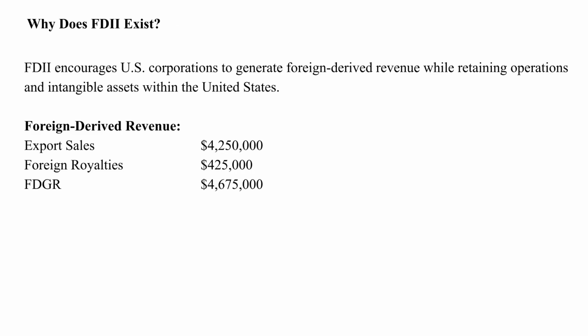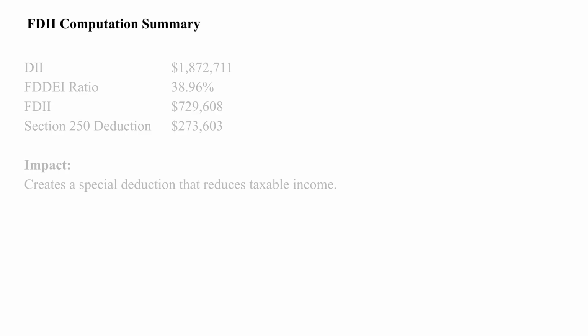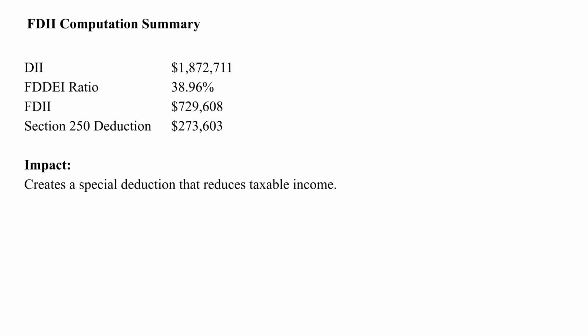FDII was introduced to encourage corporations to generate foreign revenue while keeping valuable operations within the United States. Our qualifying foreign-derived receipts totaled approximately $4.7 million. After completing the FDII computation, the corporation generated a Section 250 deduction of $273,603.